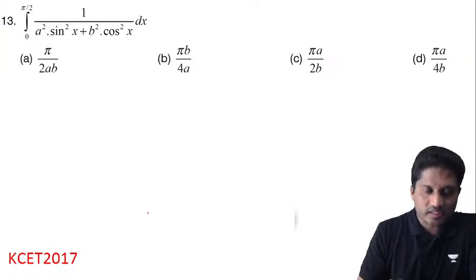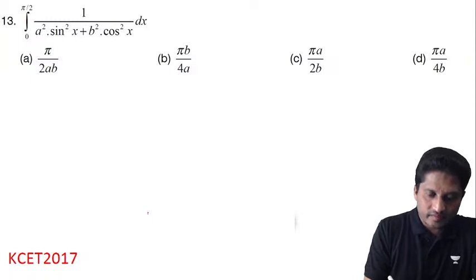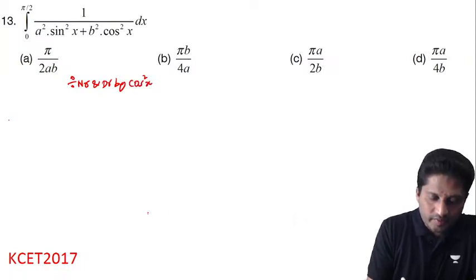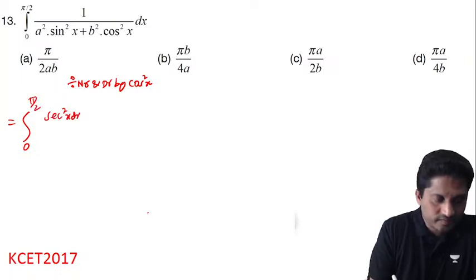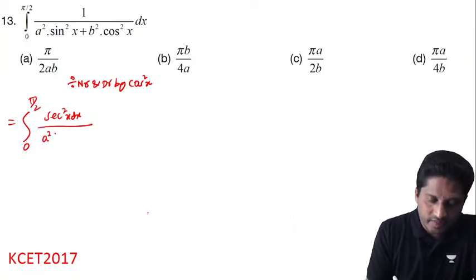Okay, now listen, it's a standard result, but anyways, I'll prove it. Divide numerator and denominator by cos square x. If you divide numerator and denominator by cos square x, this is 0 to pi by 2. 1 by cos is sec, you get sec square x dx divided by a square tan square x plus b square.